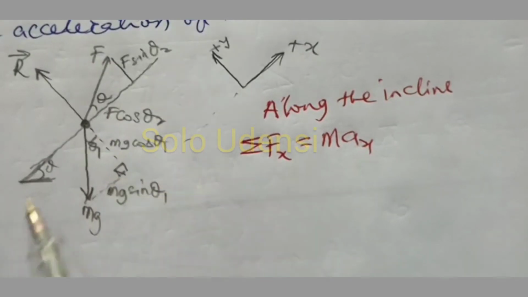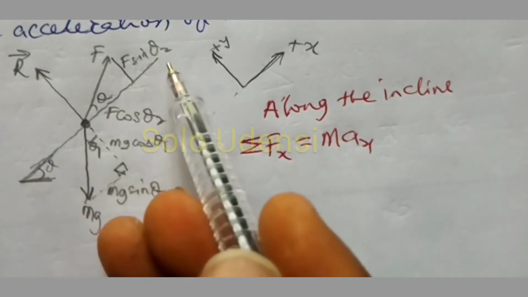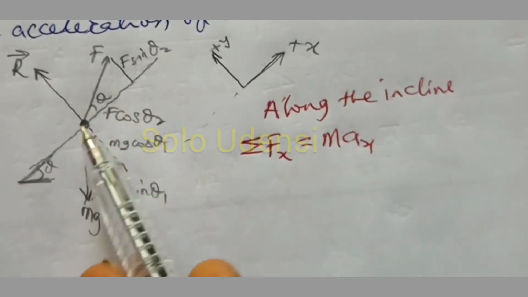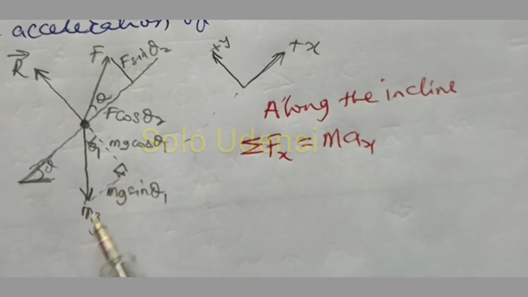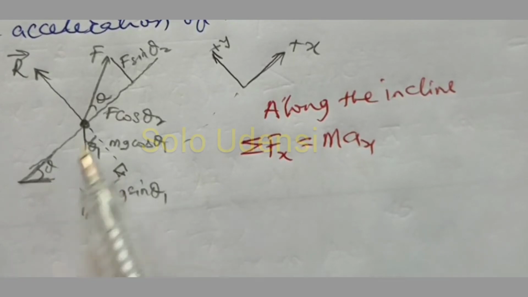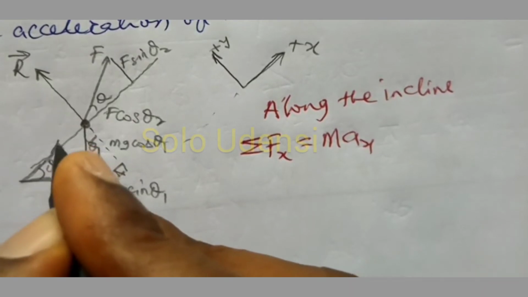All the forces acting along the incline are F cos θ2, mg sine θ1, and the frictional force that is acting downward this way.